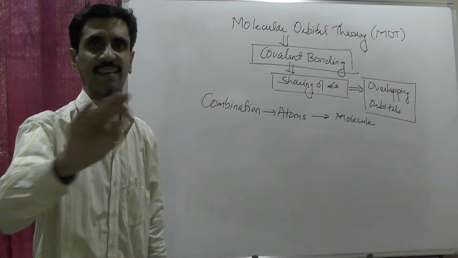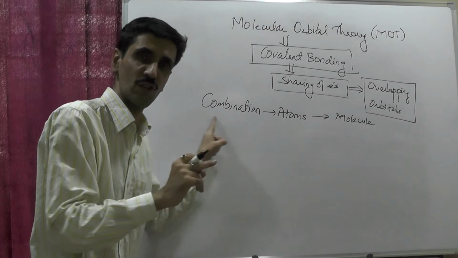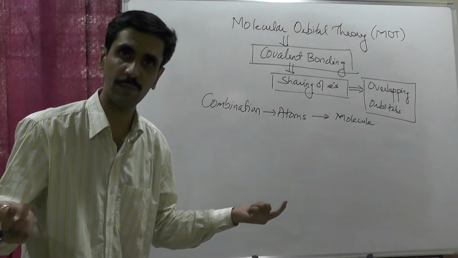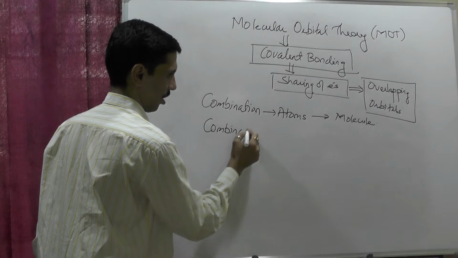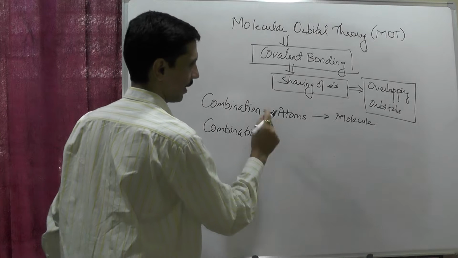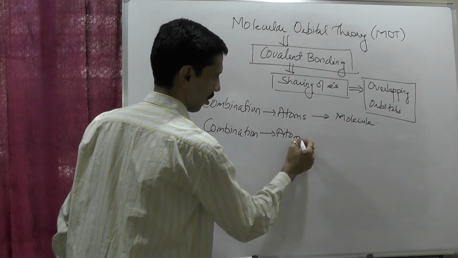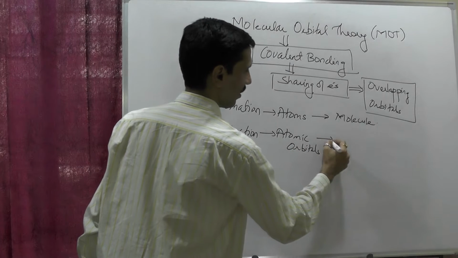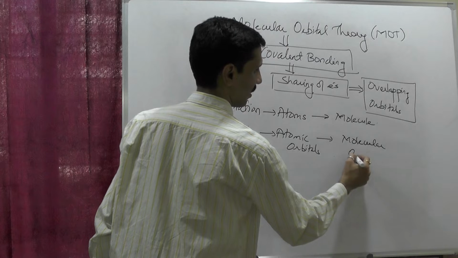Okay, this is the basic line. So now, if we bring about some changes into this statement, we get another statement: if combination of atoms gives you a molecule, it means combination of atomic orbitals will result in what? Oh yes, it's molecular orbitals.